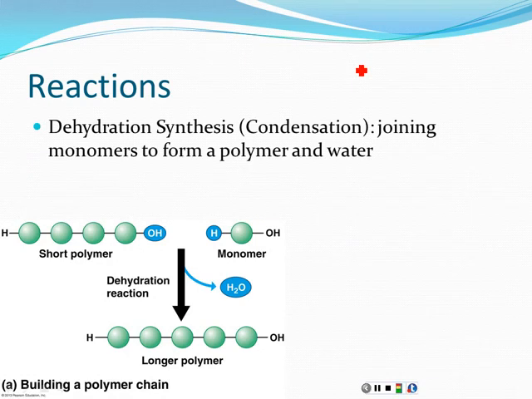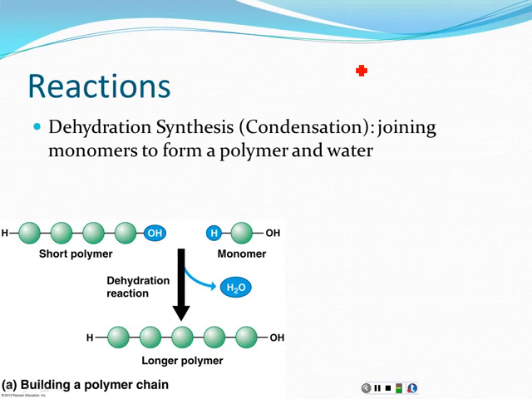So how do we form these polymers? It's done through dehydration synthesis. It's called dehydration synthesis or condensation, due to this polymer's two shorter molecules. When they form a bigger molecule, they are going to release a water molecule. And so that's why it's called dehydration.